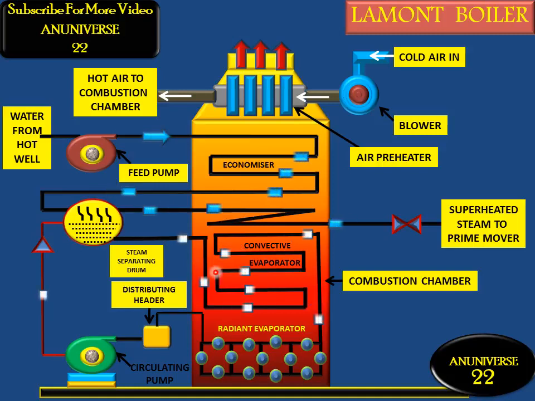And here this is the cold air, which enters with the help of the blower to the air preheater. Then it is heated, and the flue gases first heat the evaporator tubes. The flue gases in the furnace heat the evaporator tubes. Then they are used with the help of the economizer to heat the water, and then these flue gases are used to heat the cold air.